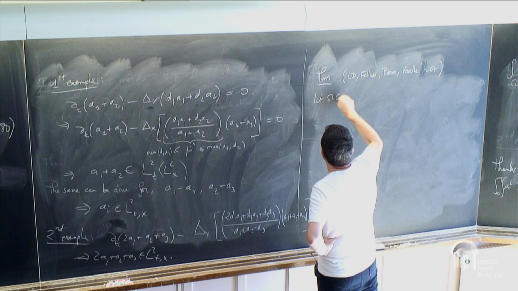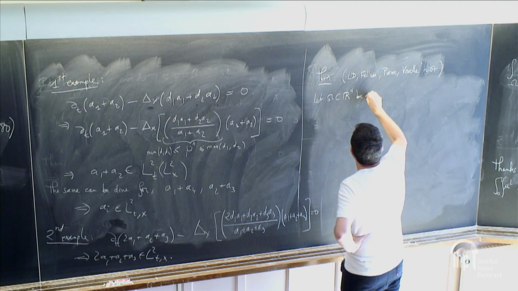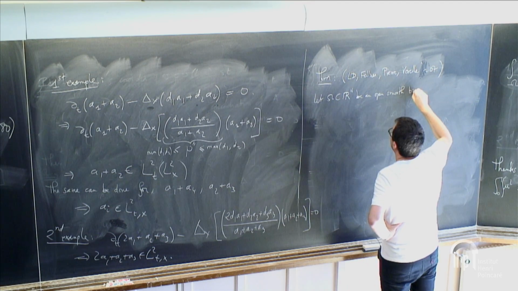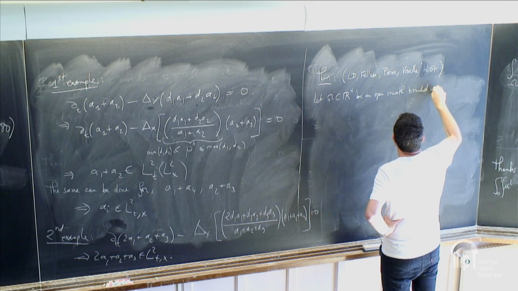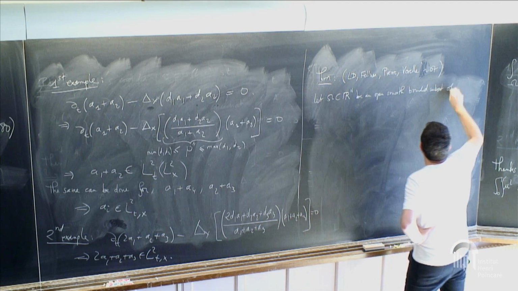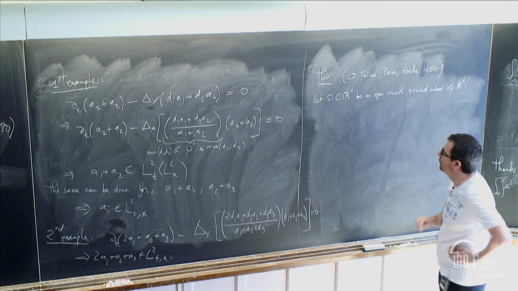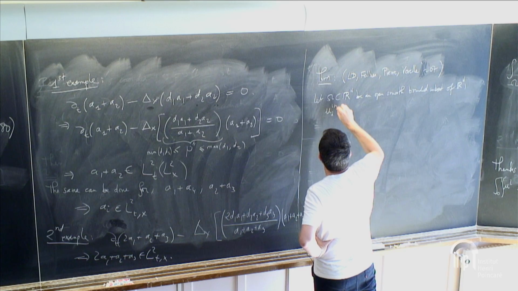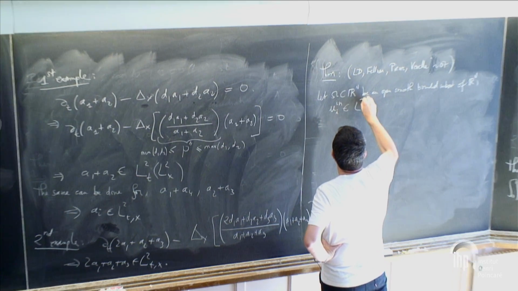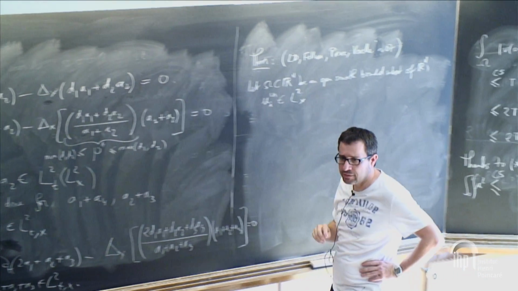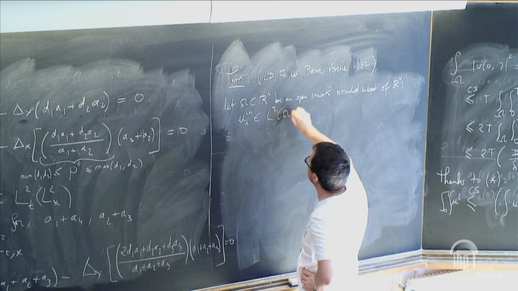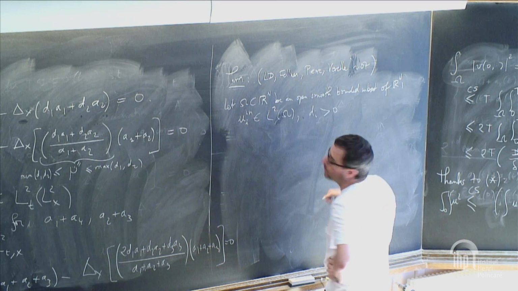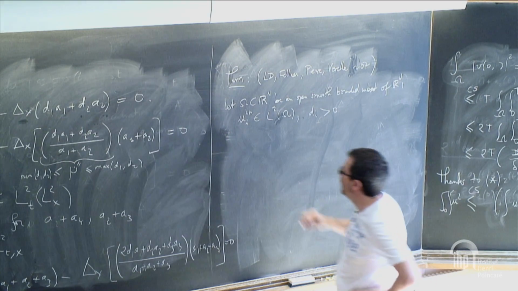Let omega be an open, smooth, bounded subset of Rn. Take Ui initial in L2 of the variable x, L2 of omega, if you wish. Take di strictly positive.